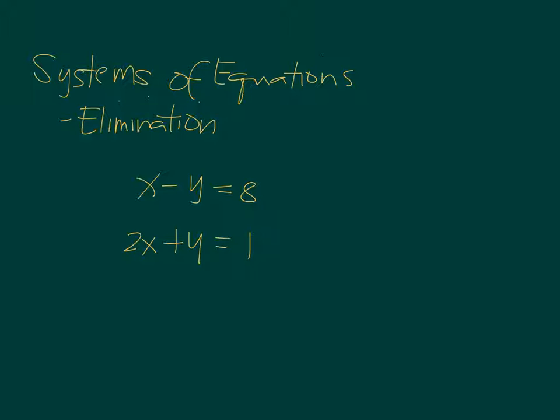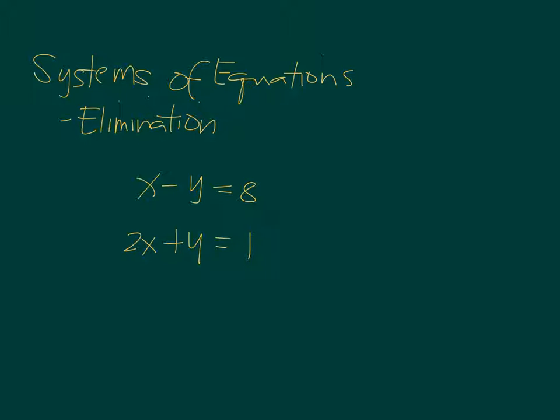Now, what I need you to understand is that if x minus y is equal to 8 and 2x plus y is equal to 1, if I add the two expressions on the left of each equation, then since these two are equal to 8 and 1 respectively, adding the left side will just be the same as adding the right sides of the equation.